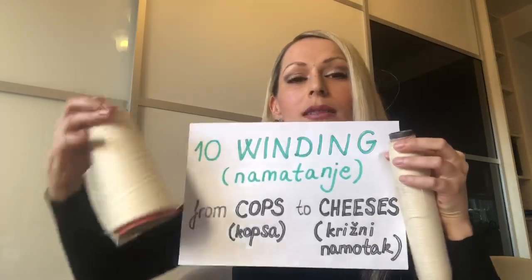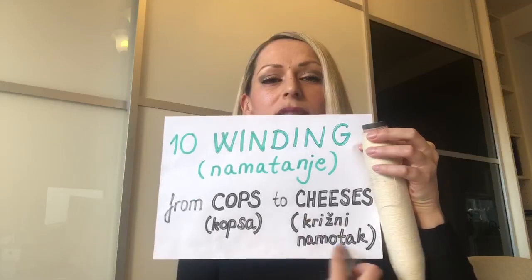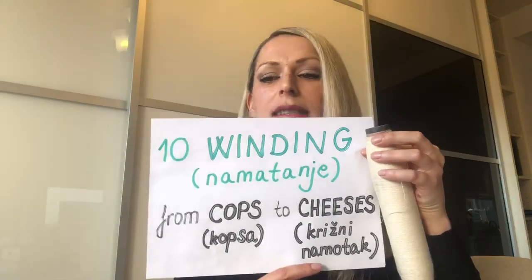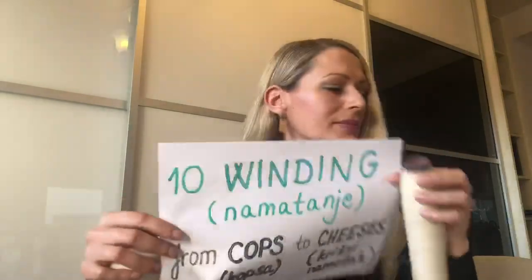Okay, so a cheese here. Here is the translation of the word in the textile jargon. And so we're going to use the word spool to be a generic term for any type of winding of the yarn on the final tube.